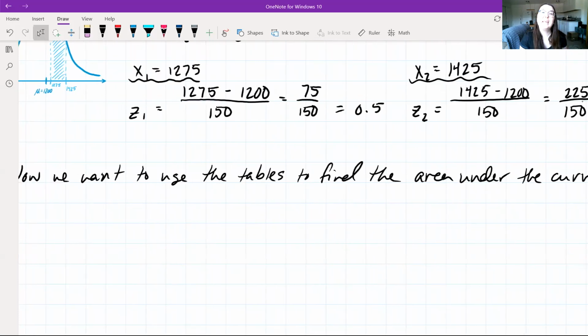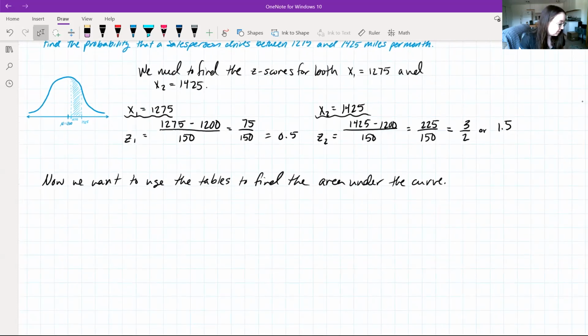And if we're thinking about area under the curve, we're thinking about values between 0 and 1, so we can't have a negative value. So whichever z-score is going to be greater, that is what you're going to list first when finding the difference, because you can't have a negative area.